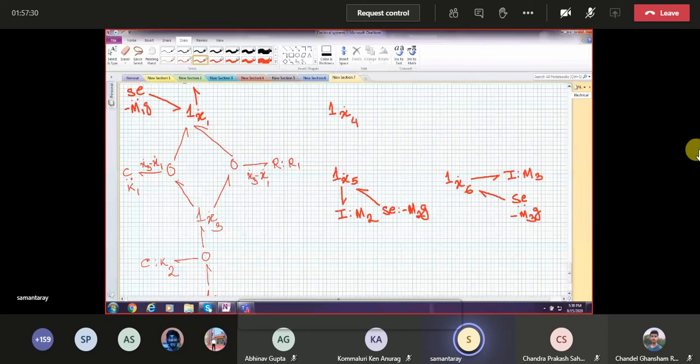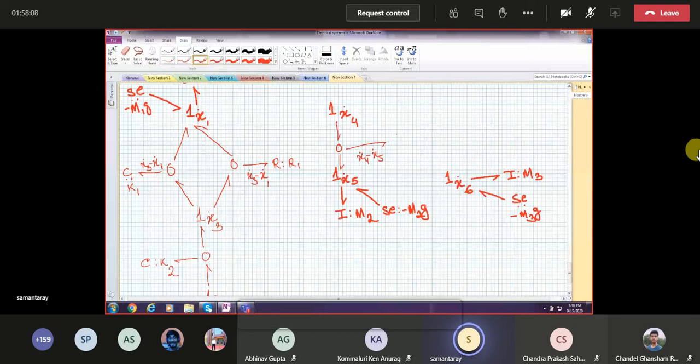Likewise, we have between x4 and x5, we can say x4 dot minus x5 dot. There is a spring, I think it is K3 maybe, I have to check.